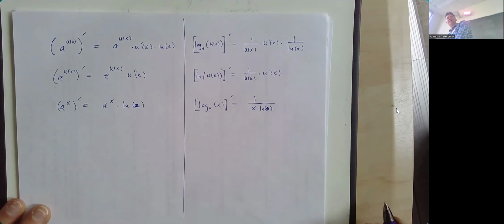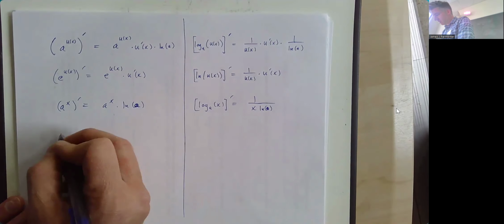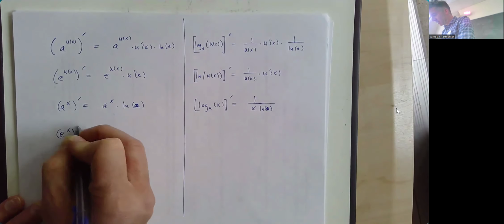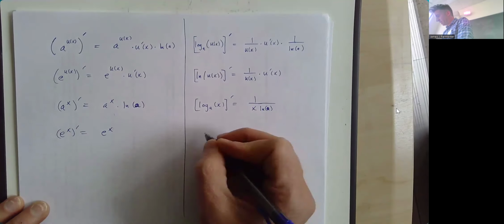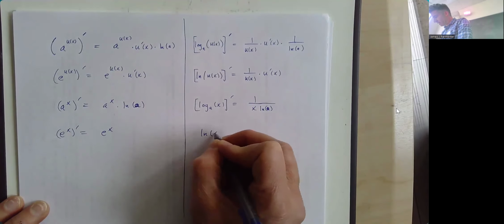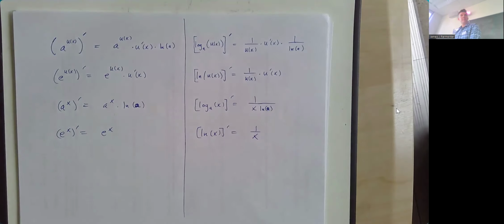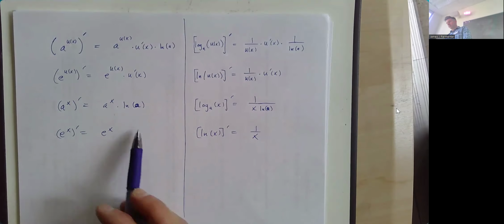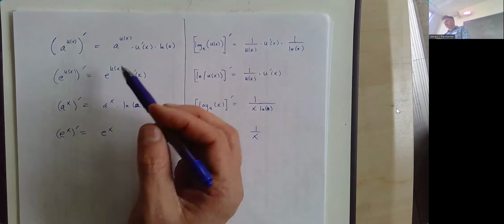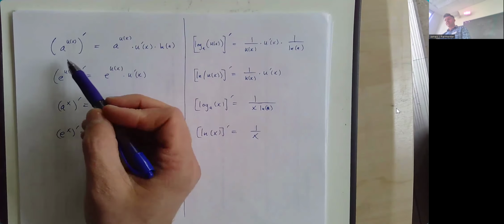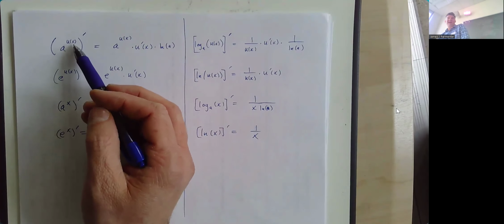Finally, the basicest version of these, the derivative of e to the x is e to the x. And the derivative of the natural log of x is 1 over x. But really, this most basic version, the derivative of e to the x equals e to the x, is just this formula where your base is e and your stuff is x.